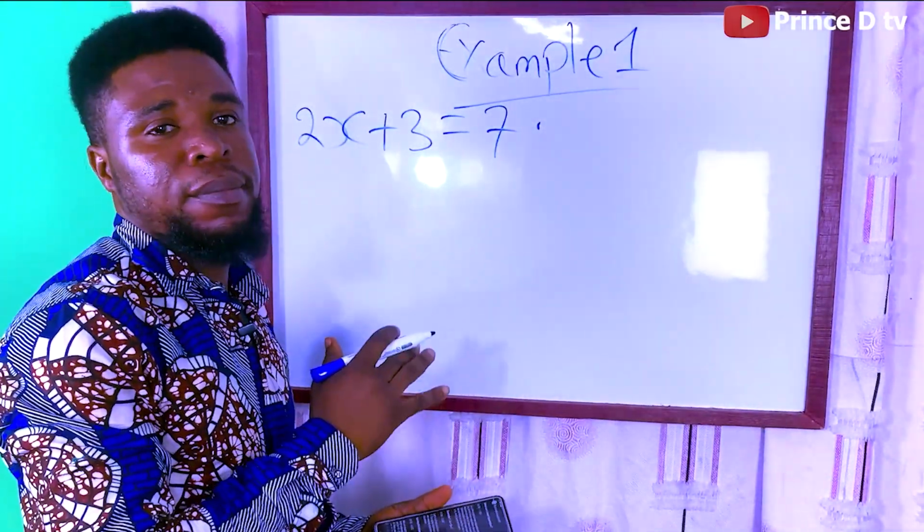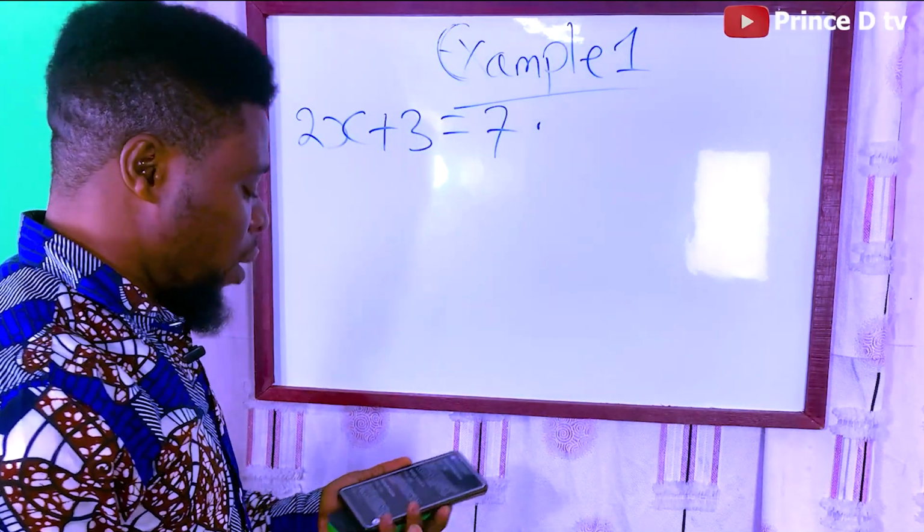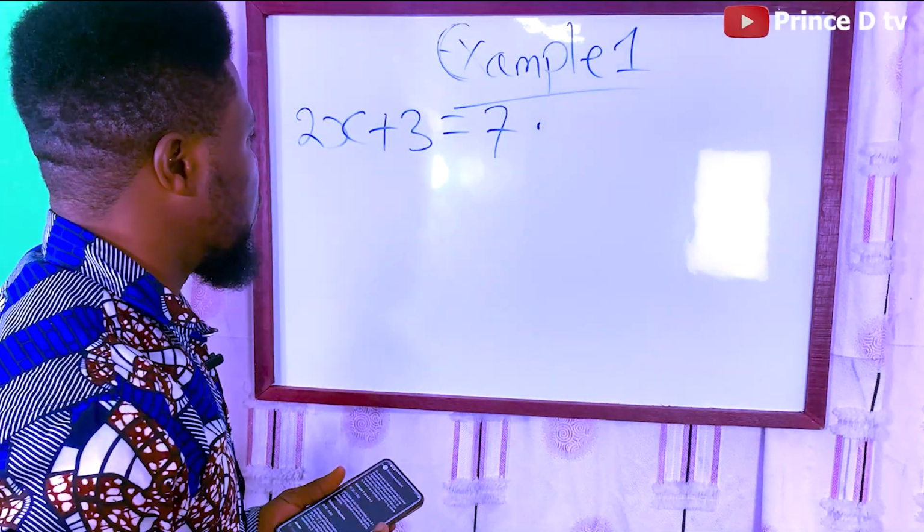So that's a simple linear equation that we have there, which is our first example.